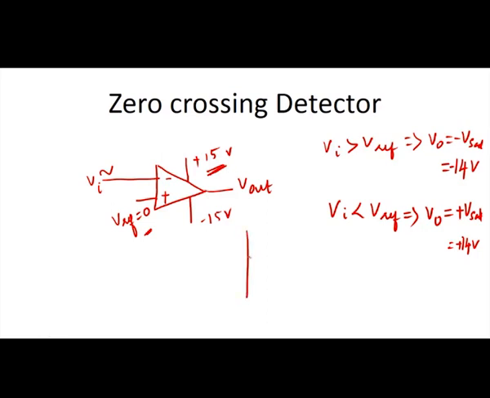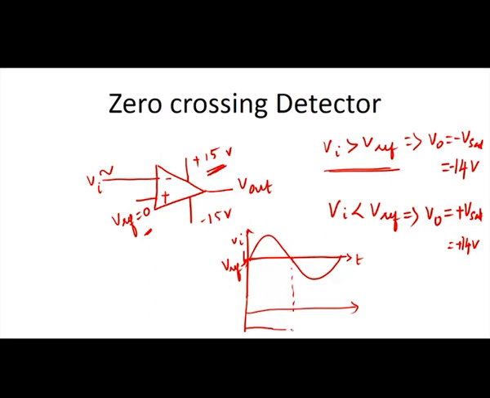So, the output waveform can be drawn like this. Say this is the input waveform Vi, and consider this as V reference, because we made the V reference 0, so it is taken as a reference line here. Whenever Vi is higher than V reference, the output will be the negative V saturation voltage, minus V saturation.